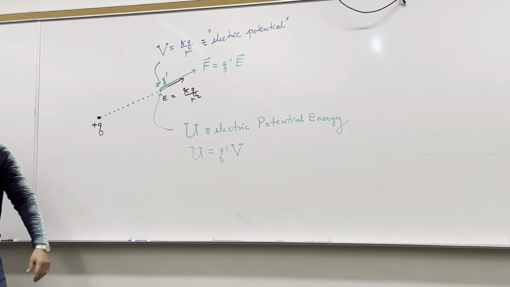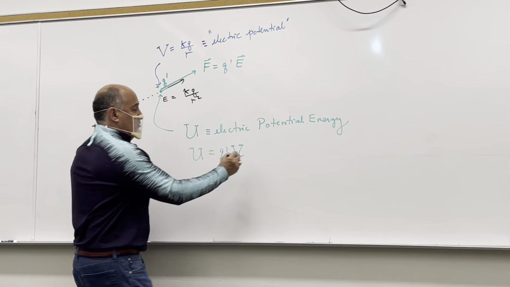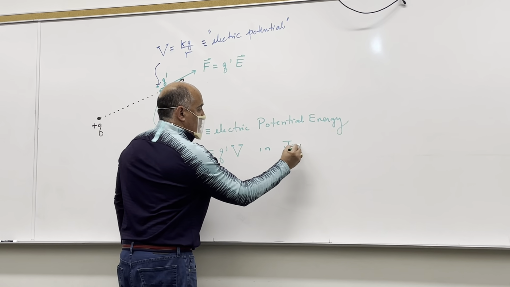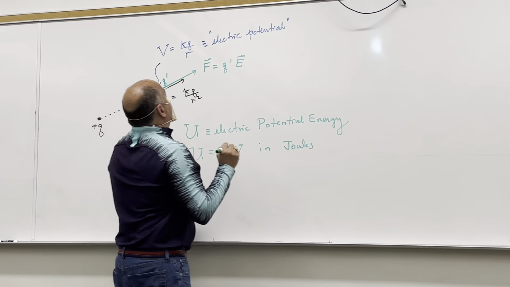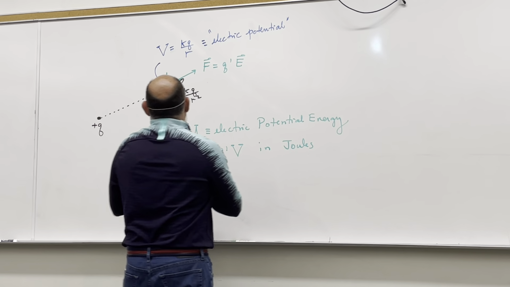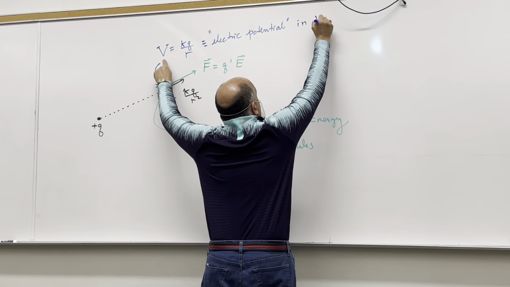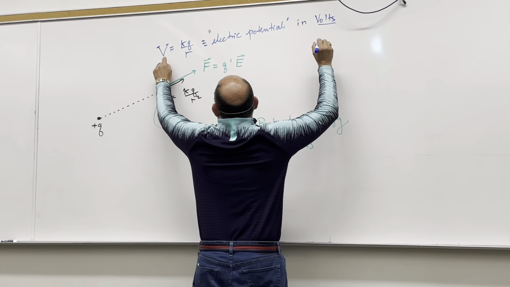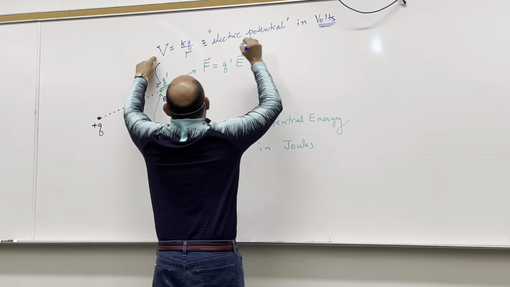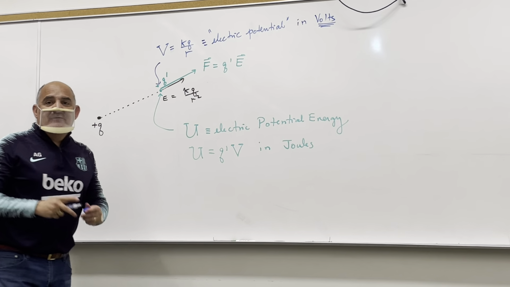And that'll be in joules, in the metric system. By the way, this electric potential is in volts. That's why the V is used.